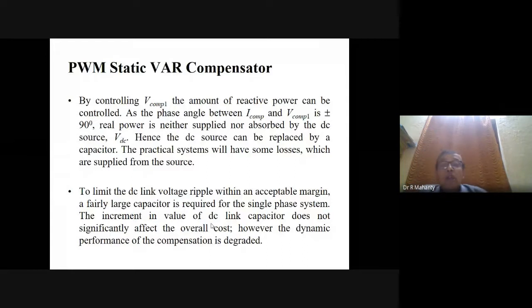Real power is neither supplied nor absorbed by the DC source, VDC. Hence, the DC source can be replaced by a capacitor. The practical system will have some losses which are supplied from the source.